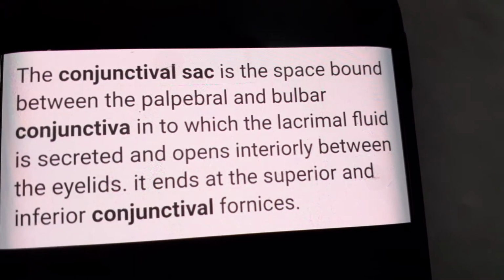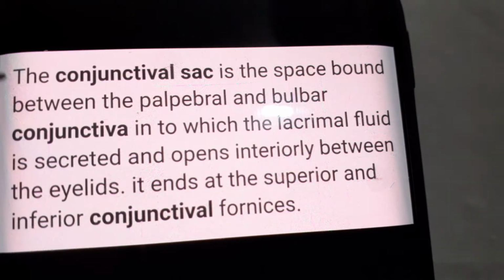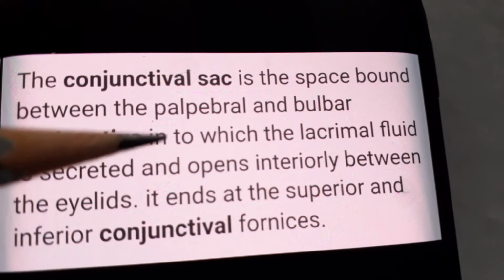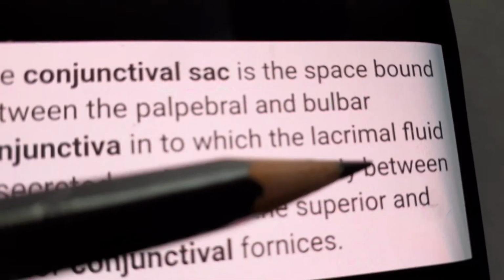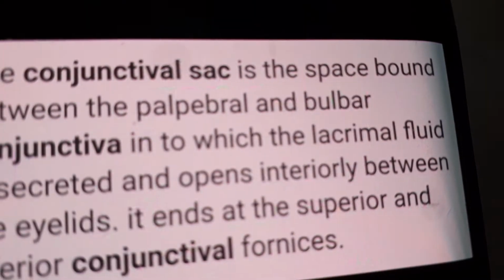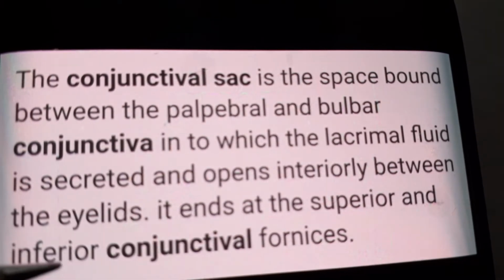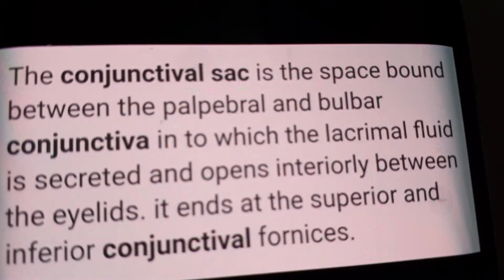The next component is the conjunctival sac. So what is the conjunctival sac? The conjunctival sac is a space between the palpebral and the bulbar conjunctiva, into which the lacrimal fluid is secreted, and it opens anteriorly between the eyelids. It ends at the superior and inferior conjunctival fornices.